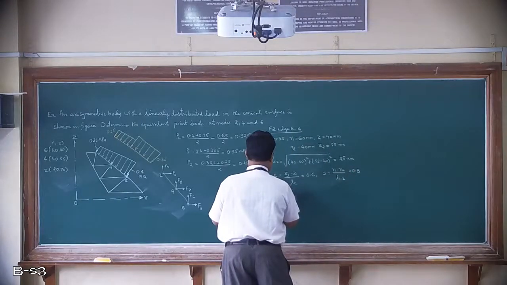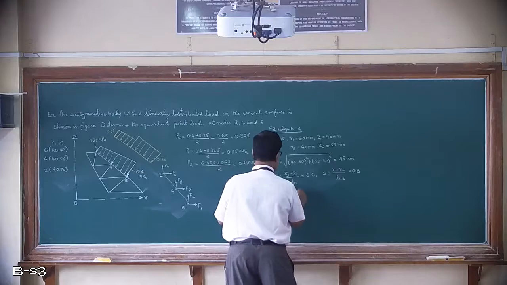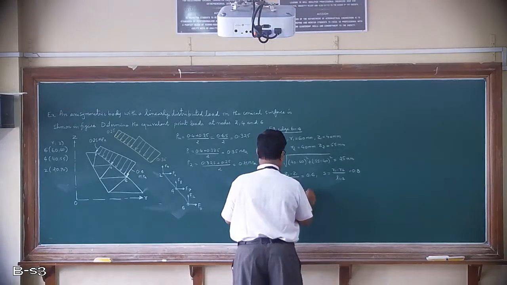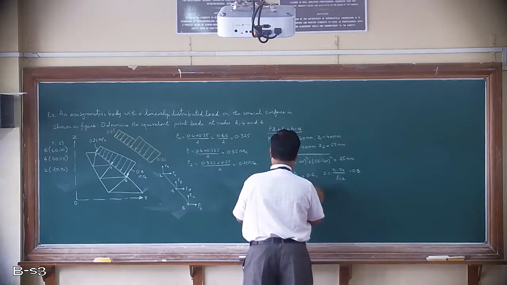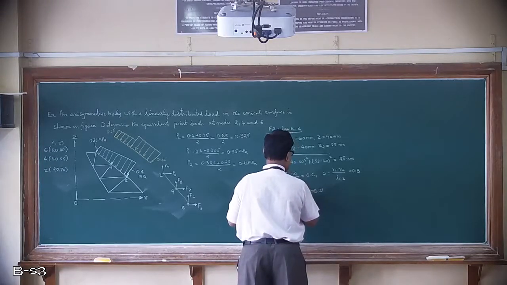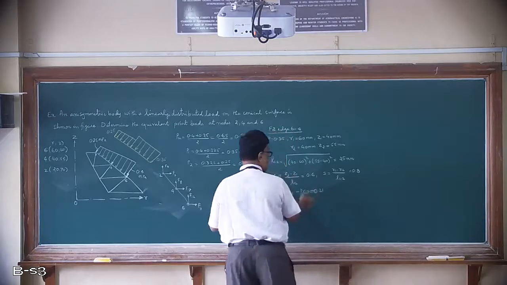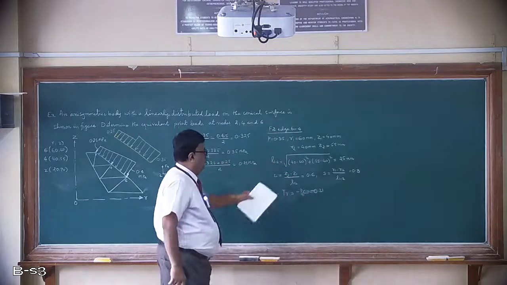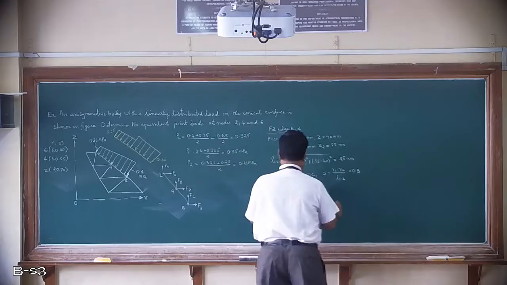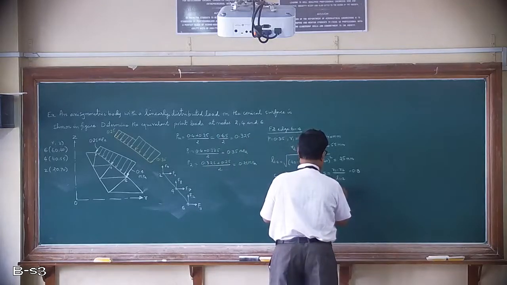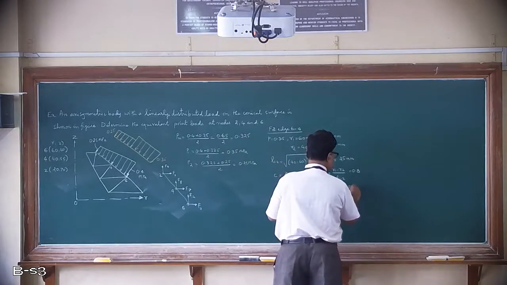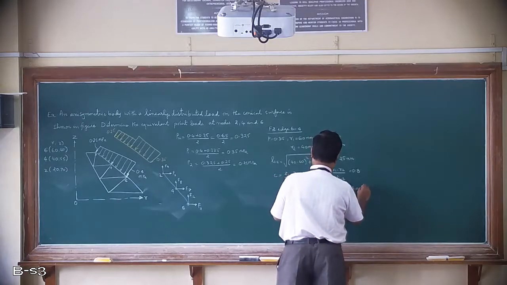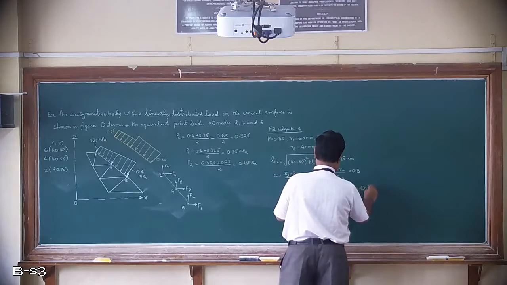Therefore, TR comes out to be minus PC, which is minus 0.21. Okay, this is PC, P is 0.35 into 0.6. Similarly, TZ comes out to be minus P into sin theta, which is minus 0.28.